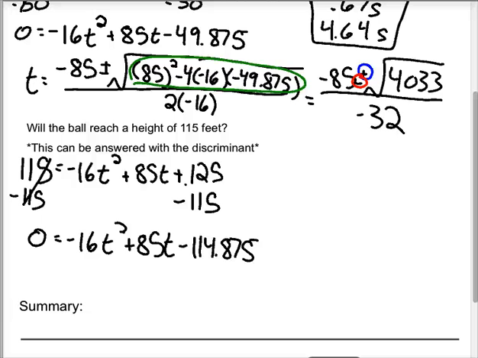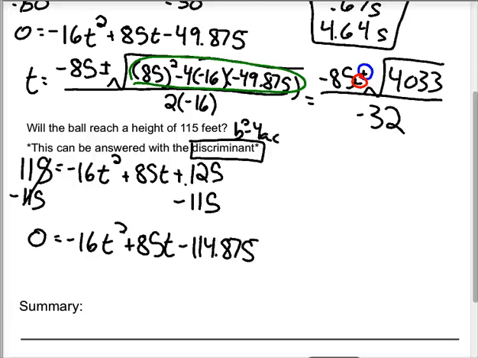So we're asking, is there a solution? That can be answered by the discriminant. All right, so we need to find that discriminant, b squared minus 4ac. If the discriminant is positive, it means yes, there will be a solution. But remember, if that discriminant is negative, that means no, there will not be a solution to this quadratic.